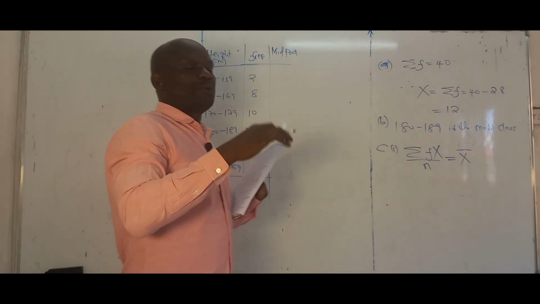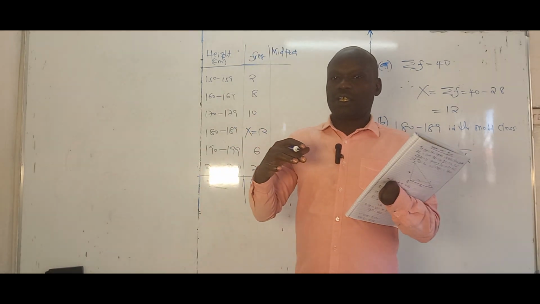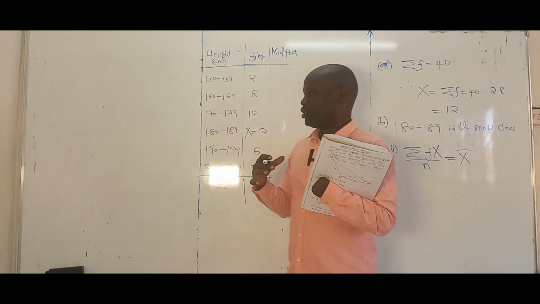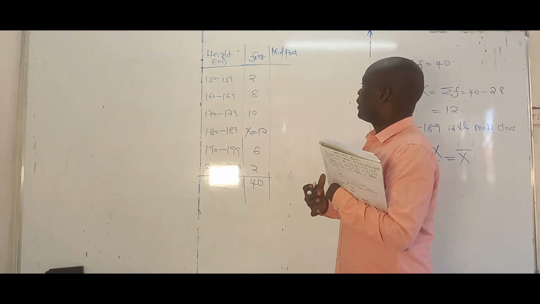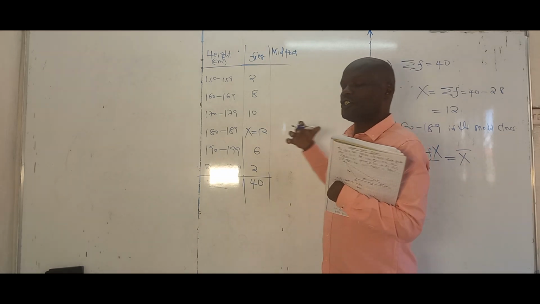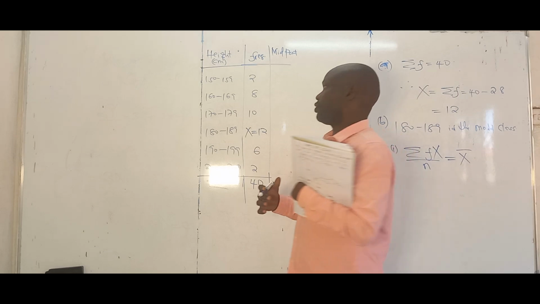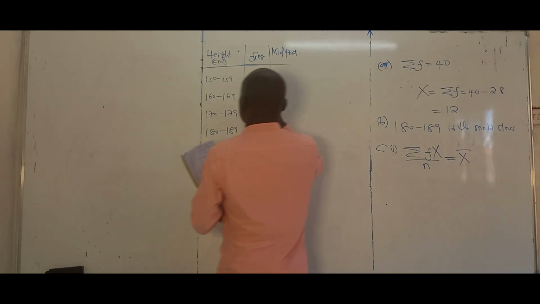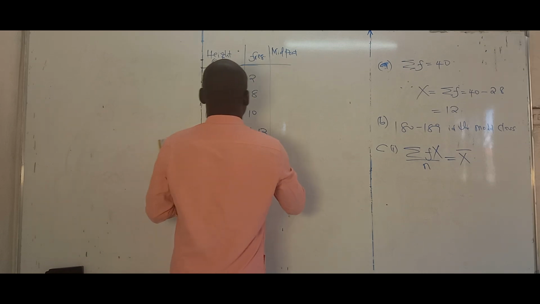By using the midpoint, I'm simply distributing the weight, averaging within that particular class interval, distributing the weight towards the center, towards the average. That's the argument behind getting the midpoint.